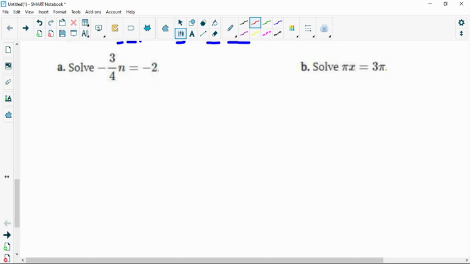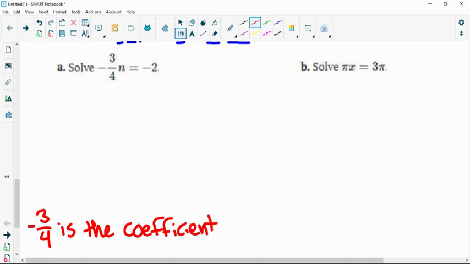I want to point out something. The negative 3/4 is called the coefficient. The number in front of or attached to a variable by multiplication or division is a coefficient.